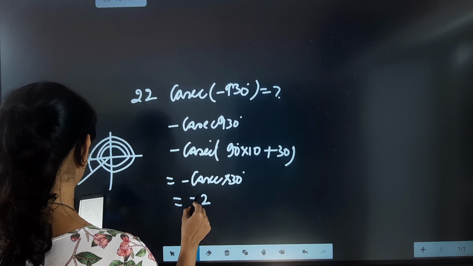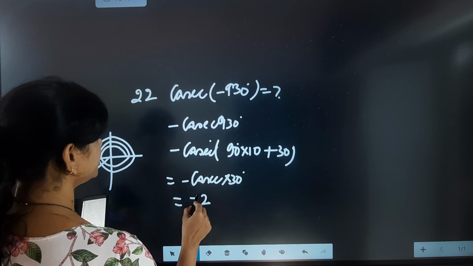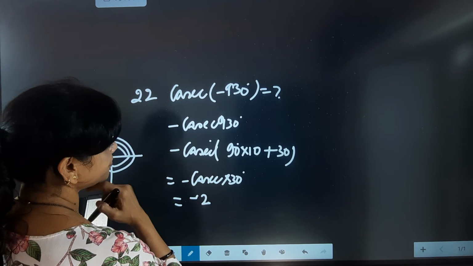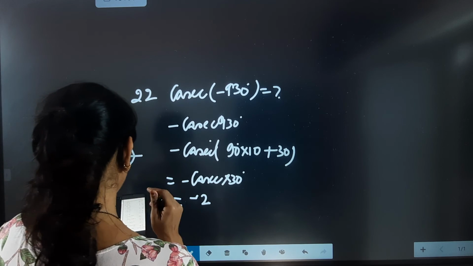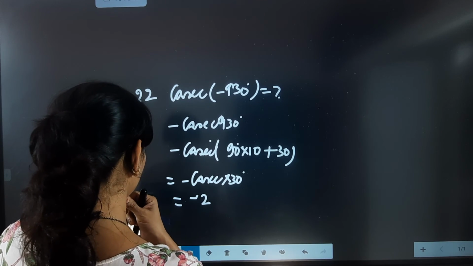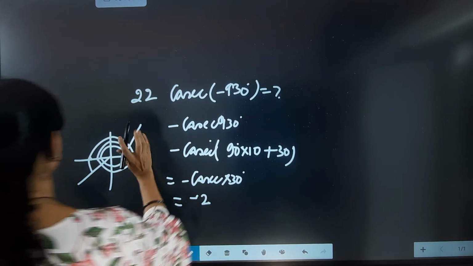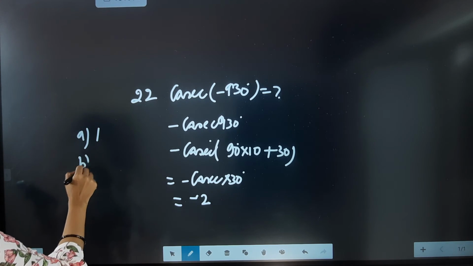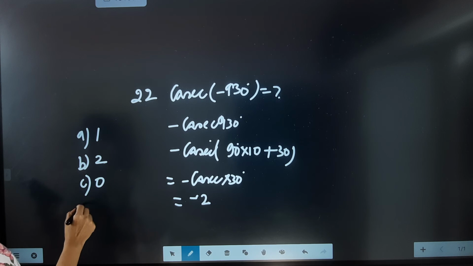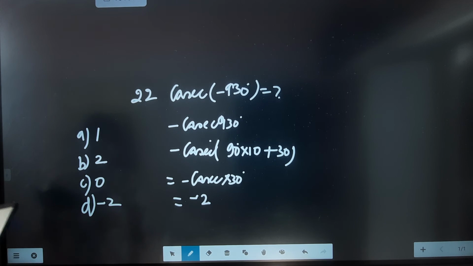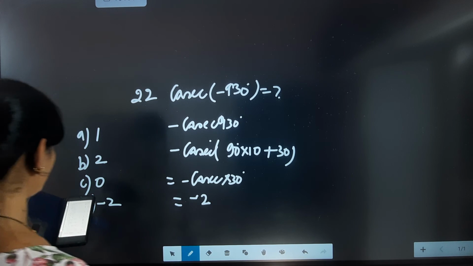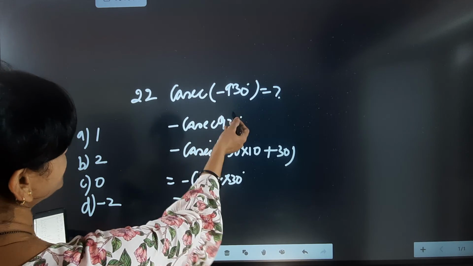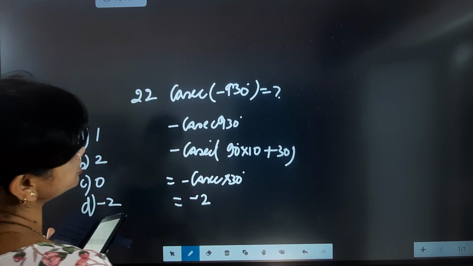One thing you have to be very careful about is that the answer options are given as 1, 2, 3, 0, and D is minus 2. Cosecant of minus theta is minus cosecant theta.